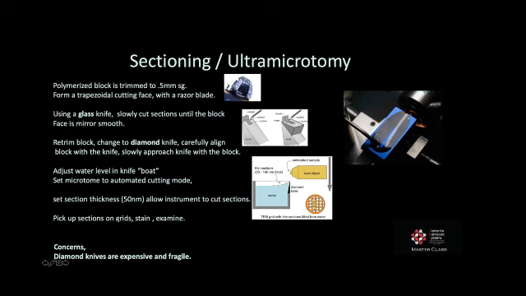We're going to pick up these sections on a grid, stain them, and examine them. So the thing you need to be concerned about when you're getting to using a diamond knife is that diamond knives are very, very expensive and they're also very fragile. And this is an image here of our nice ribbon coming off the diamond knife.